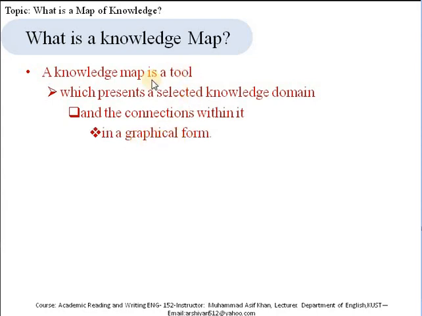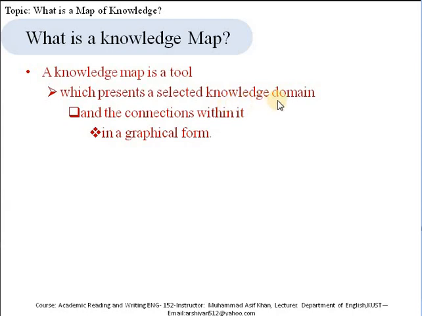A knowledge map is a tool which presents a selected knowledge domain and the connections within that knowledge domain, but this representation is in a graphic form. As in the map I have shown you, where we represented the primary, secondary and peripheral ideas in a graphic form.